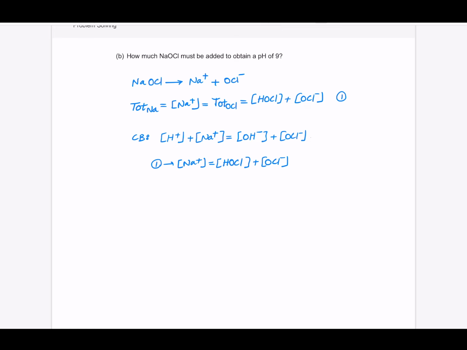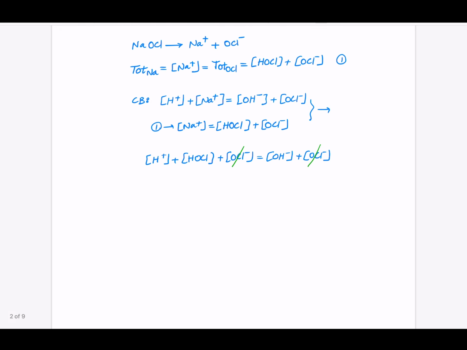So if we combine these two, we have H plus plus HOCl plus OCl minus is equal to OH minus plus OCl minus. And as you see, we can simplify this. And now we have only one unknown and one equation because we know the pH. Then the only unknown is HOCl, which would be equal to OH minus minus H plus.